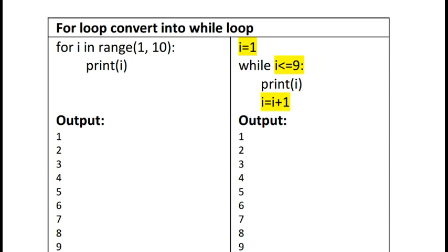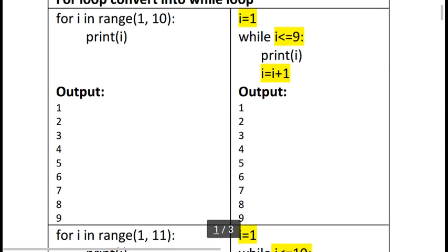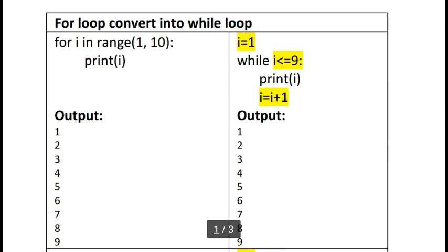The first value, 1, will be received in the i variable and print i will display 1. Then the next value 2 will be received in i, then print i displays 2. In this manner, 2 3 4 5 6 7 8 9. So we can directly repeat and display the values.